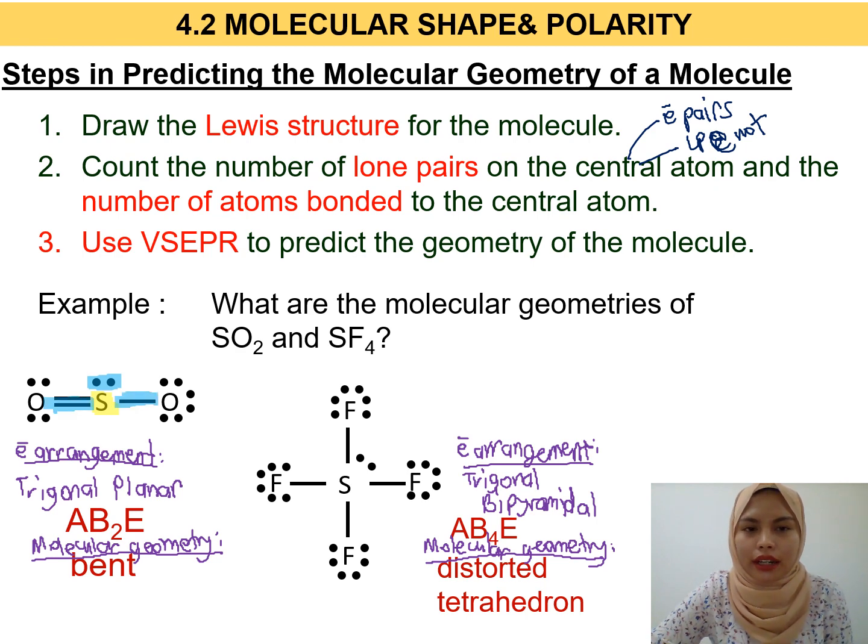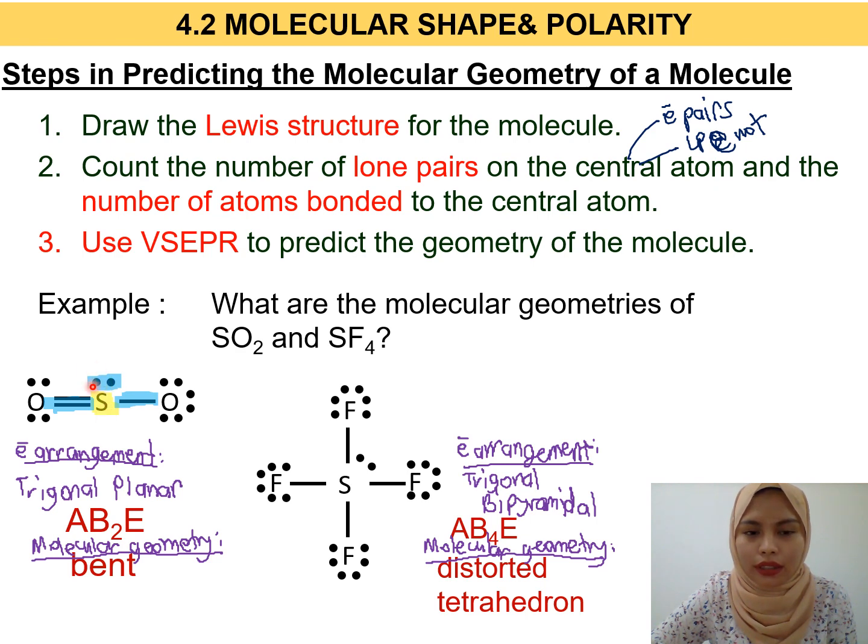Tadi Miss ada cakap, kalau let's say kamu ada multiple bond at your central atom, okay, so this is double bond lah, multiple bond at your central atom, you just count it as one bonding pair. So bermaksud central atom ni ada berapa electron pairs? Ada 3.